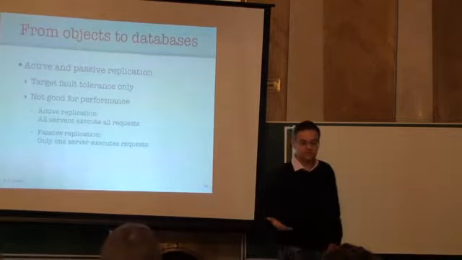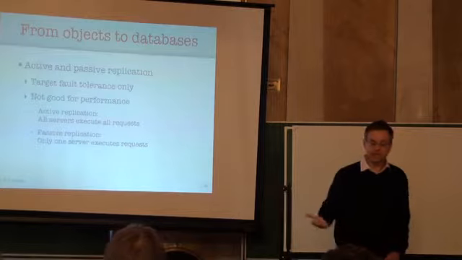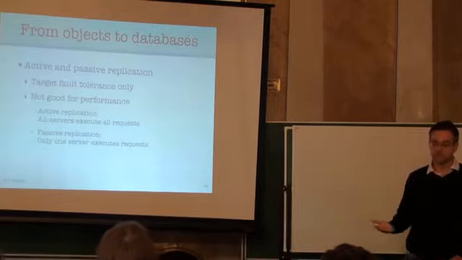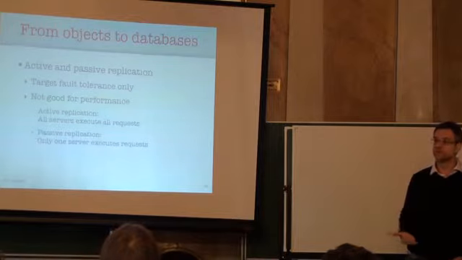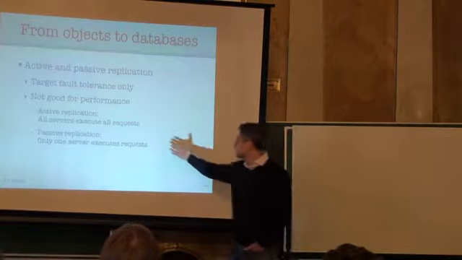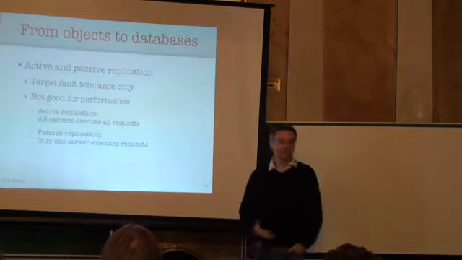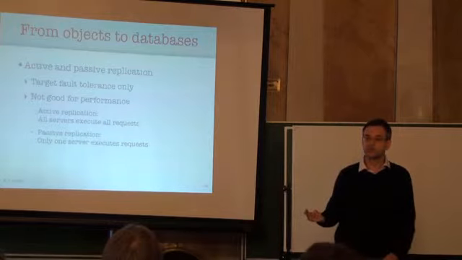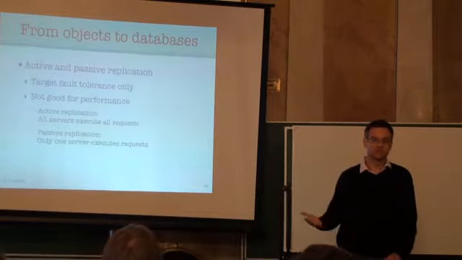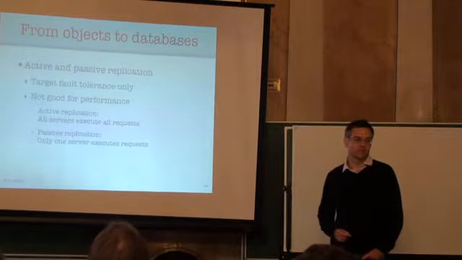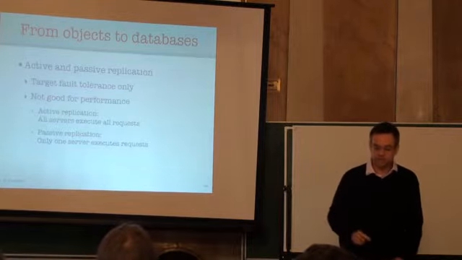If all servers must execute all requests, by adding more servers you're not allowing more clients, right? You are tolerating more failures, but you are not allowing more clients in your system. And in the case of passive replication, it's also pretty obvious, because no matter how many servers you have, only one can treat all requests. So you can keep adding servers to your system, you're not going to get more clients served per time unit. So this is the fundamental problem with these techniques.